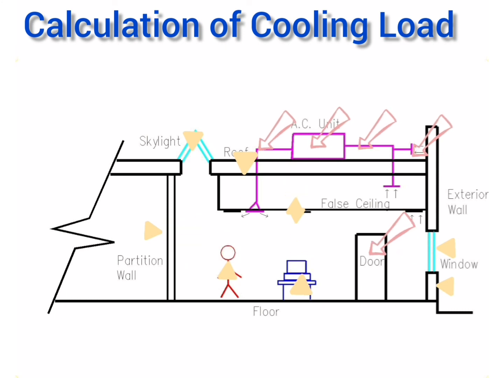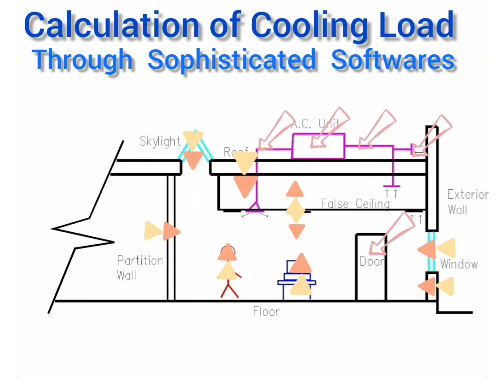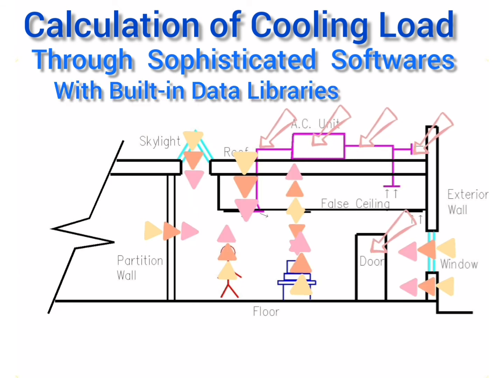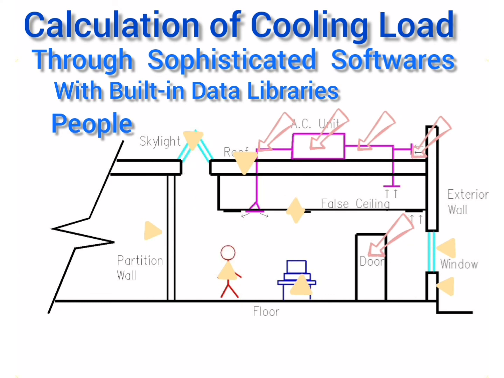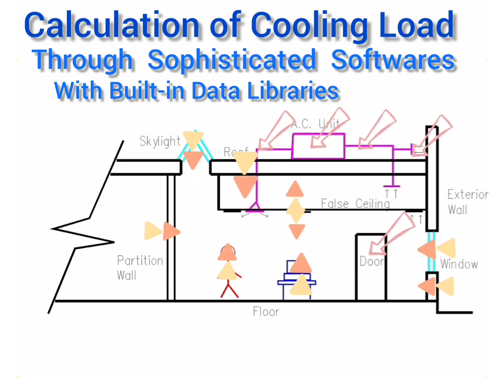However, for many years now, these calculations are done through sophisticated software that has built-in data library for walls, glazing, roof and ceiling, partitions, people, lights, equipment, etc. that you simply select from a list and it will provide its thermal data such as U values, shading coefficient, etc. These software greatly cut the time needed to do calculations and are more accurate.